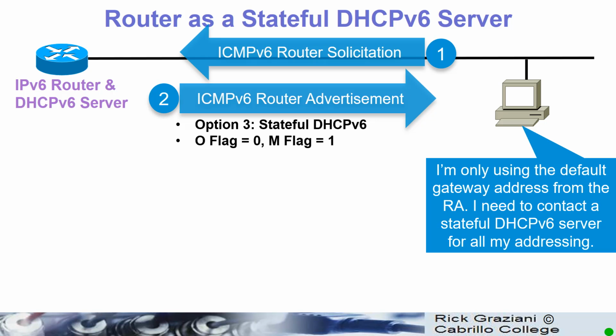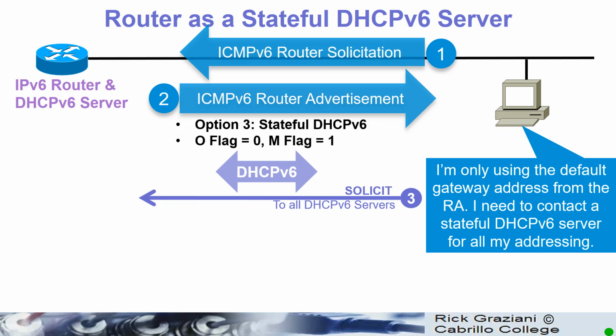Basically, I'm only using the default gateway from this address. I need to contact the appropriate DHCP server for the rest of the information. It will then send a multicast to all DHCP servers. It will be a solicit message. The DHCP server will respond via a unicast address.